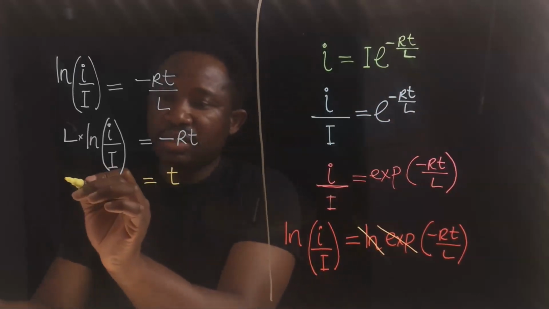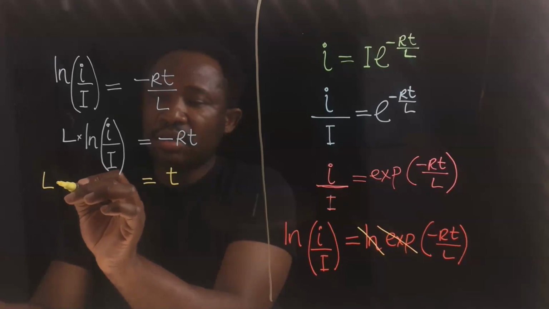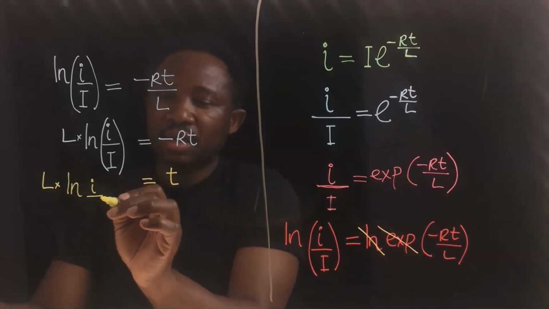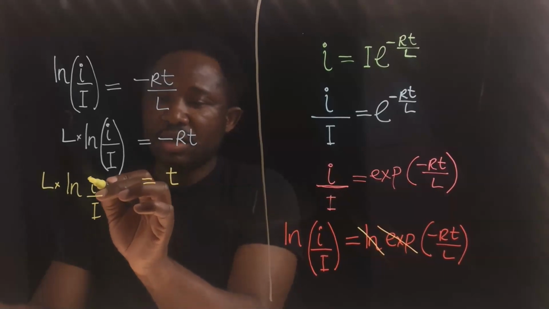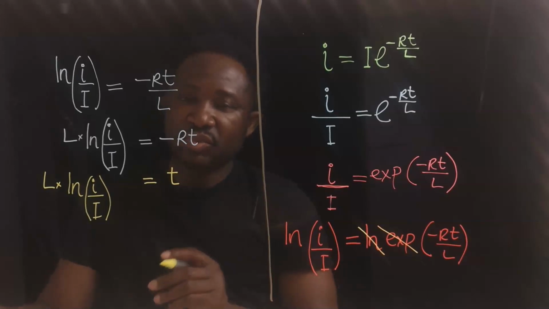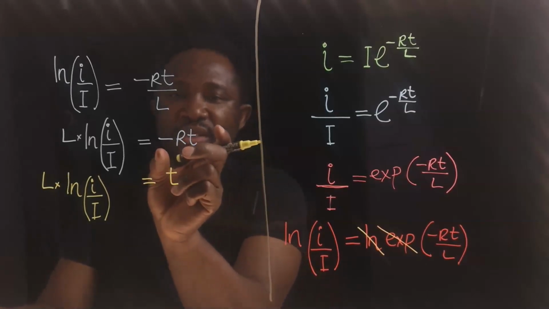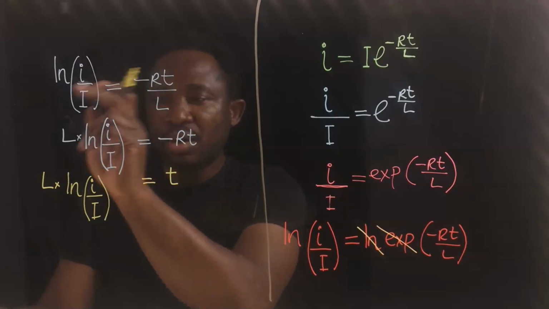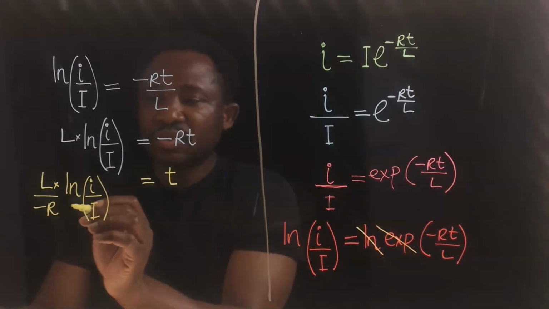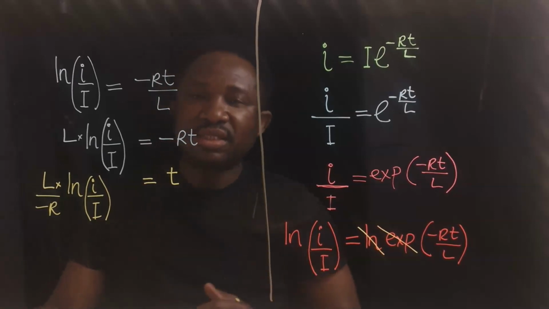On the other side, we're going to have L multiplying the natural log of i over I, all in bracket. Minus R T is multiplying. On the other side is going to divide. T is now isolated.